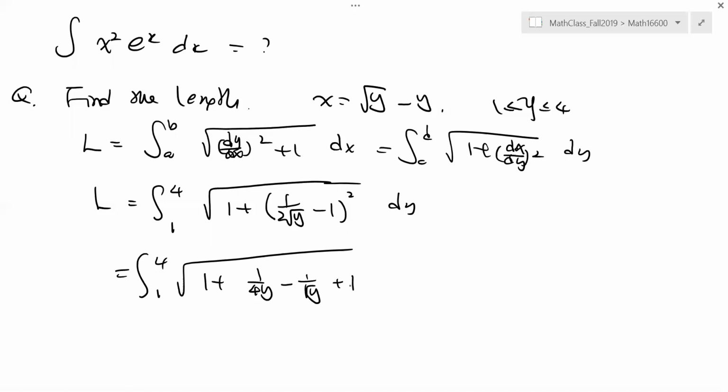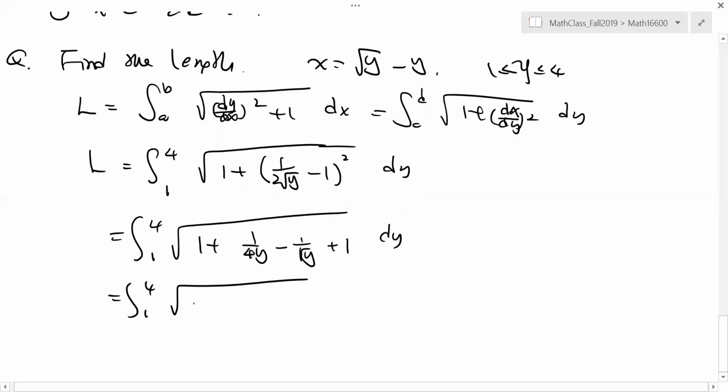Let's see, twice of, I'm not sure we can do that, okay? Oh, set up an integral. The problem says just set up an integral, not find the length. That's why I'm stuck here. So you're not able to evaluate. Yeah, maybe we can, but it's just a waste of time.